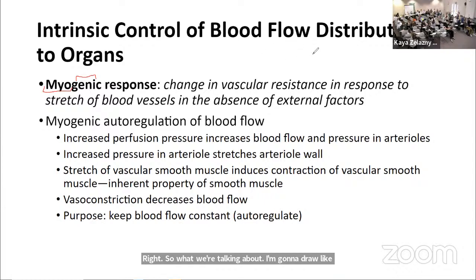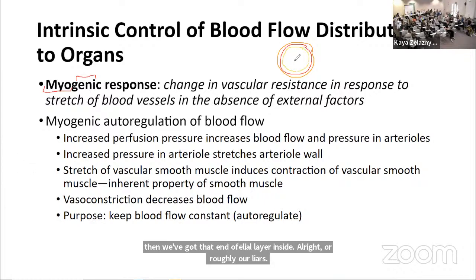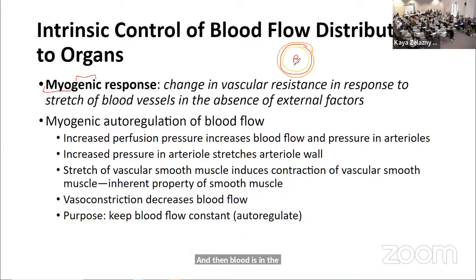So we've got an outer layer of some connective tissue. We've got a layer of muscle next. And then we've got that endothelial layer inside, or roughly our layers. And then the blood is in the center.